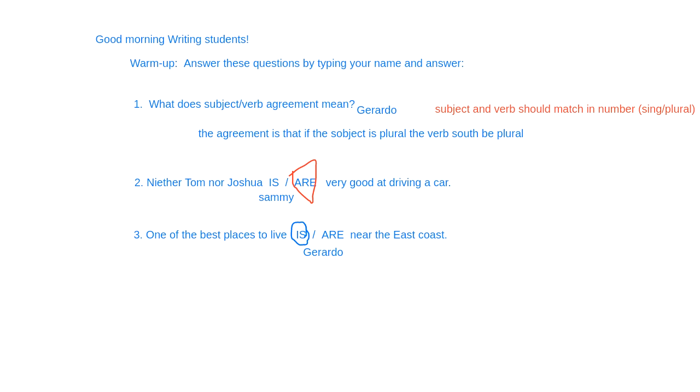Neither Tom nor Joshua put are very good at driving a car. Okay, so why did you put are, Sammy? Because if Tom and Josh are two people, the sentence is plural.